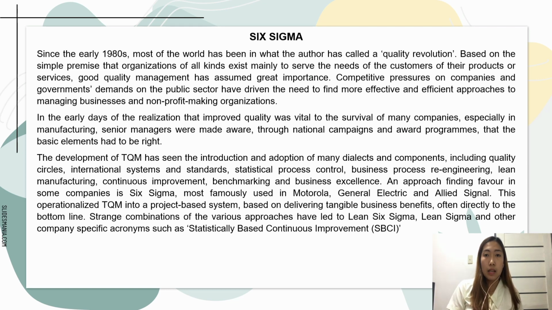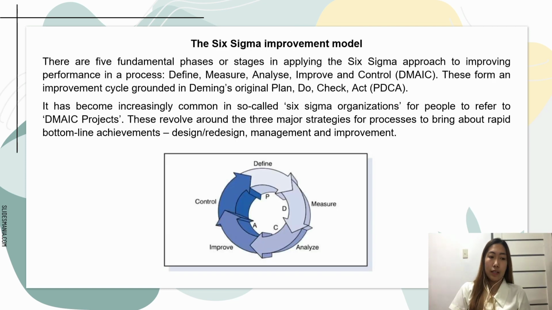Then lastly, Six Sigma is a methodology. Six Sigma is the only documented methodology for problem solving available on the market today. Six Sigma improvements, when used correctly, are bulletproof and provide high yielding returns. So, next is the Six Sigma improvement model.